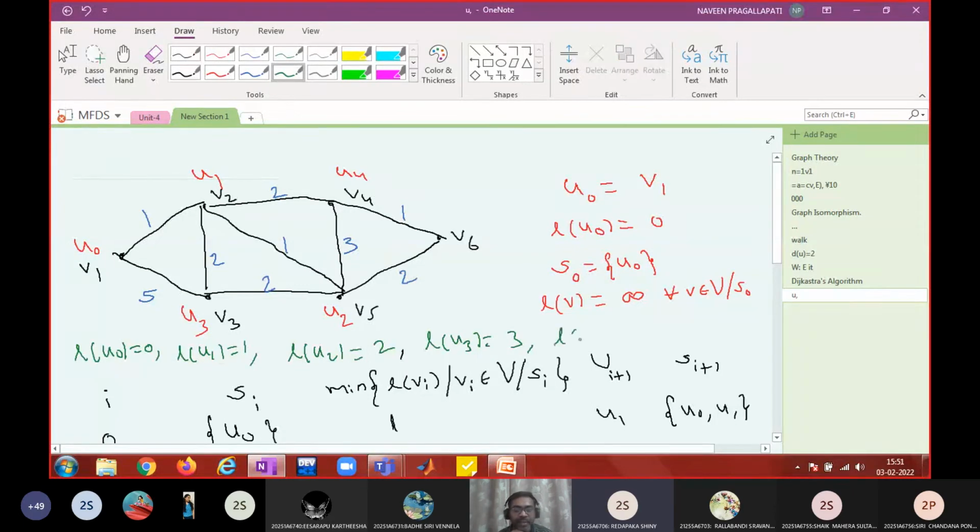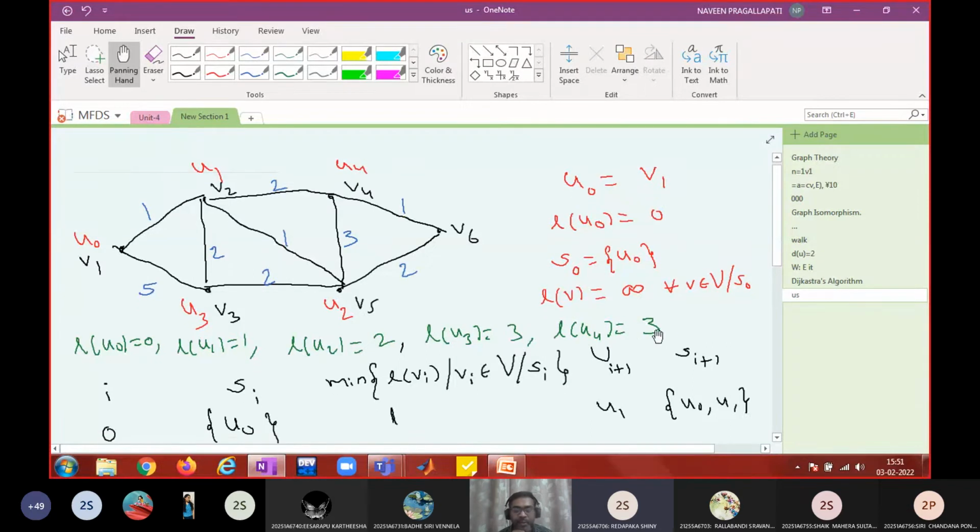The length of U4 is 3. So 1 plus the weight of U4, 1 plus 3, is 4. Whereas if you take it like this, 2 plus the weight of U2, which is 2, 2 plus 2 is 4.